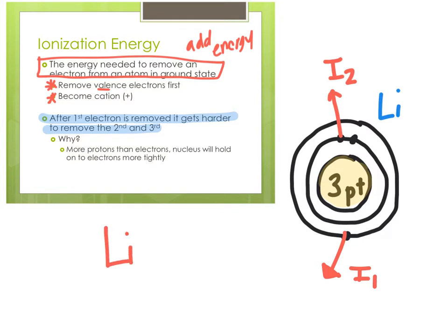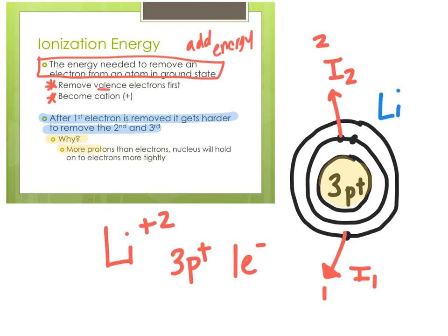So if lithium would lose this first electron and then a second electron, it would then become a +2 charge. And so lithium would still have its 3 protons, that's what identifies the element, but it would only have 1 electron left.